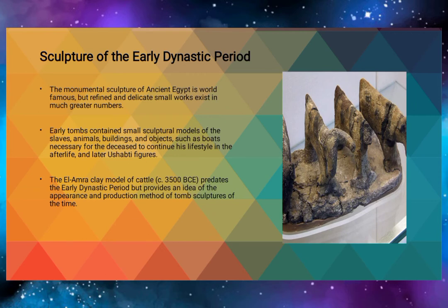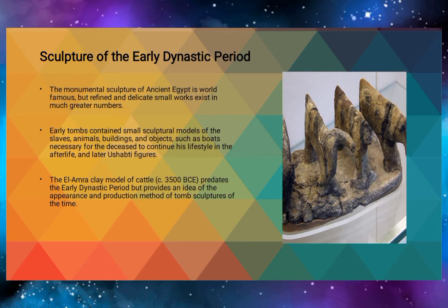Then, the El Amrah clay model of cattle circa 3500 BCE predates the early dynastic period but provides an idea of the appearance and production method of tomb sculptures of the time. So this El Amrah clay model is an example of tomb sculpture.